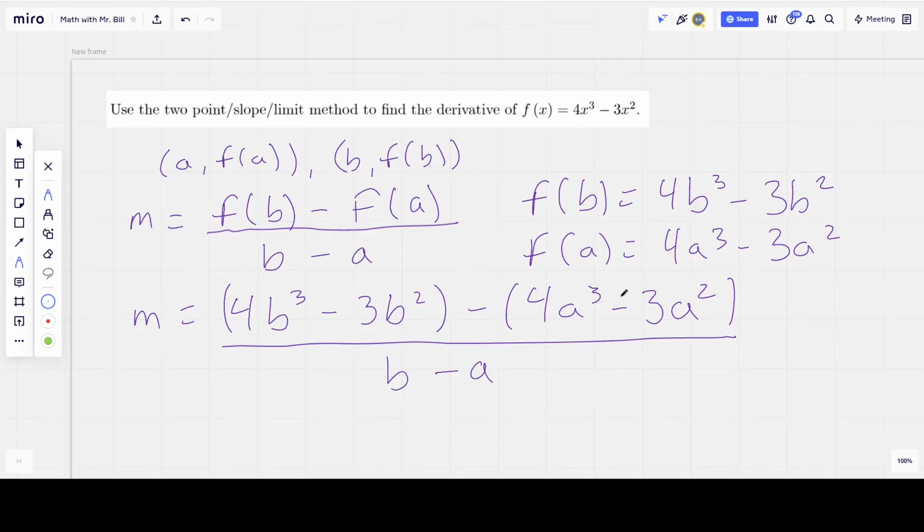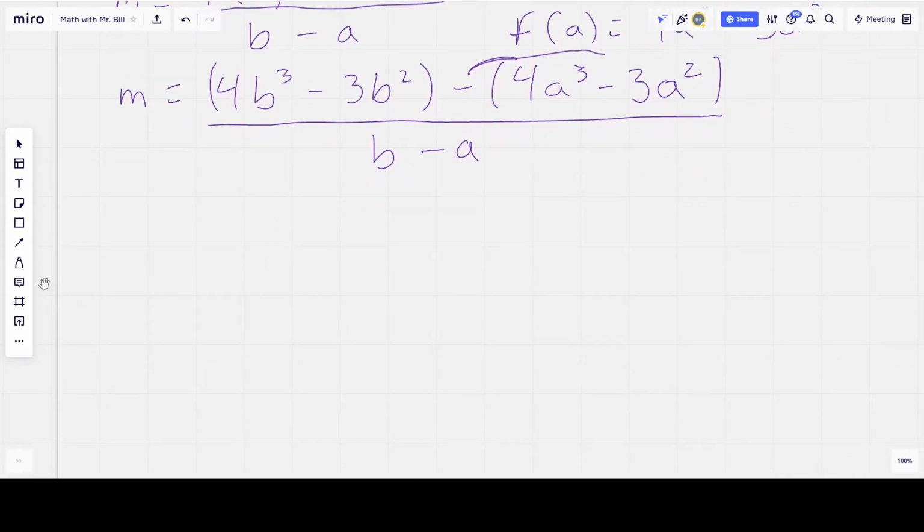What's typical with a problem like this is that we're looking to factor polynomials and come up with a common term. And usually the common term is going to be the term on the bottom, the b minus a. And that's what will happen here. So what I want to do is distribute this minus sign to both terms, and then group the powers together. So I'll group the b cubed and the a cubed, and I will group the b squared and the a squared.